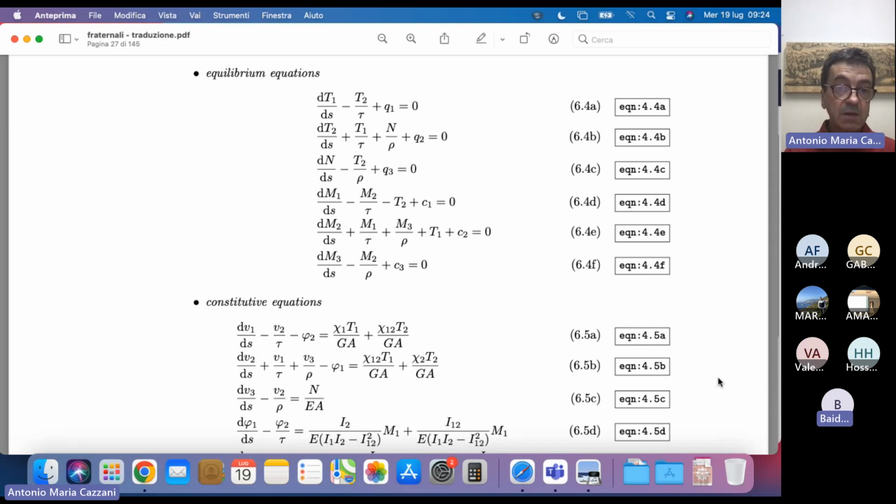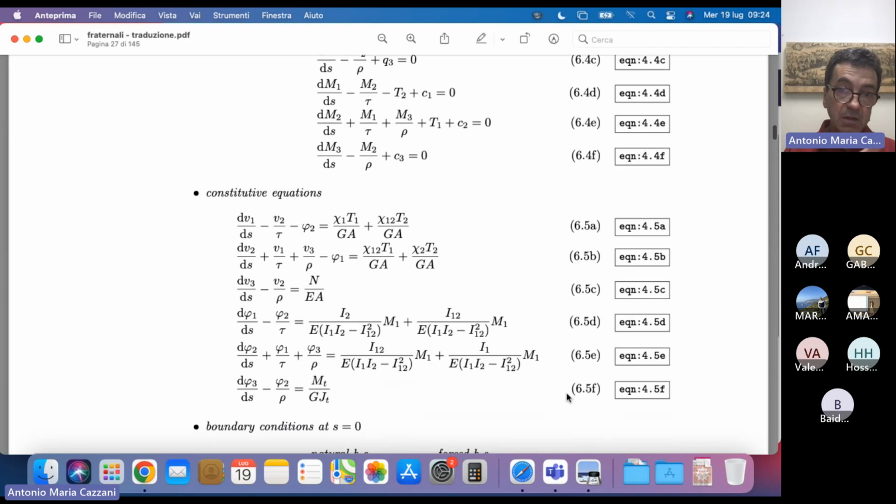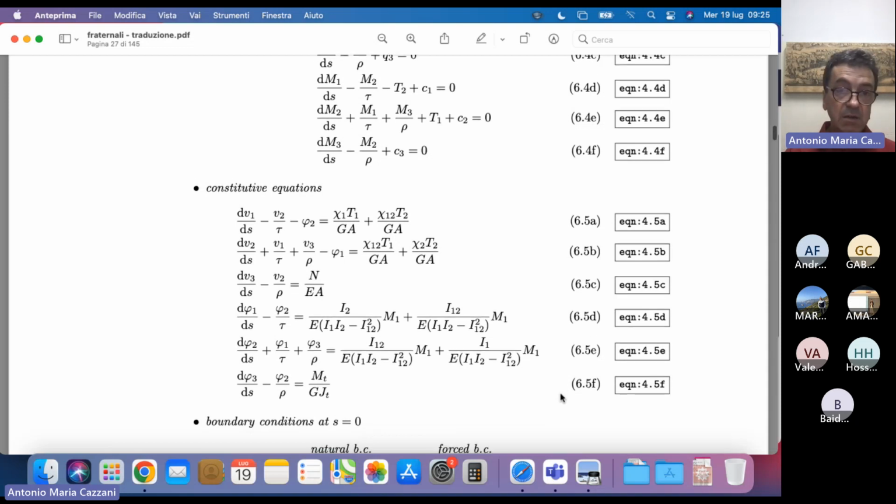Then we have, here it's written constitutive equations, but indeed this is a mixture of two things. We have some compatibility conditions, which are again given by the principle of virtual work, and connect the generalized strain to the generalized displacement of the beam axis and the rotation of the cross section.